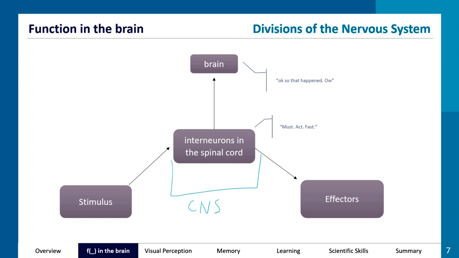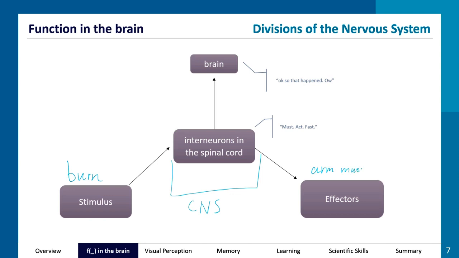So for example, if you've whacked your hand on a hot stove, the message about this extreme heat and cell damage goes into the spinal cord, and then it's going to instruct your arm muscles to contract in particular ways so that your arm is pulled away.